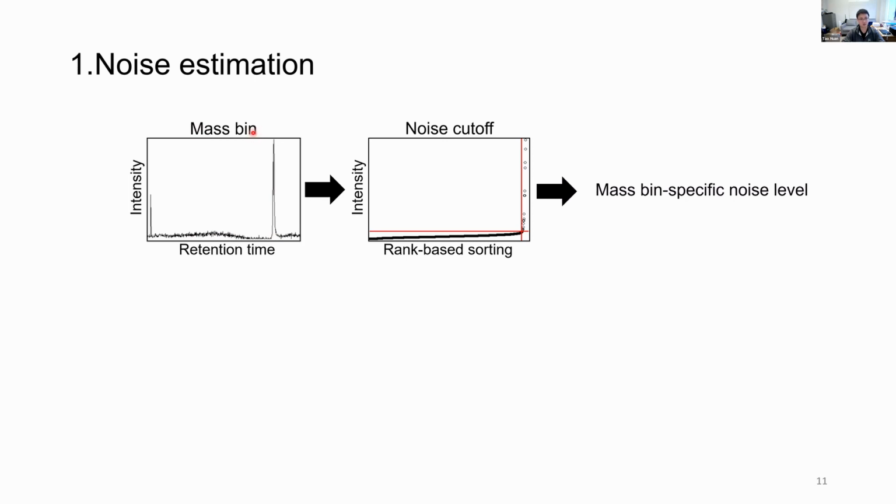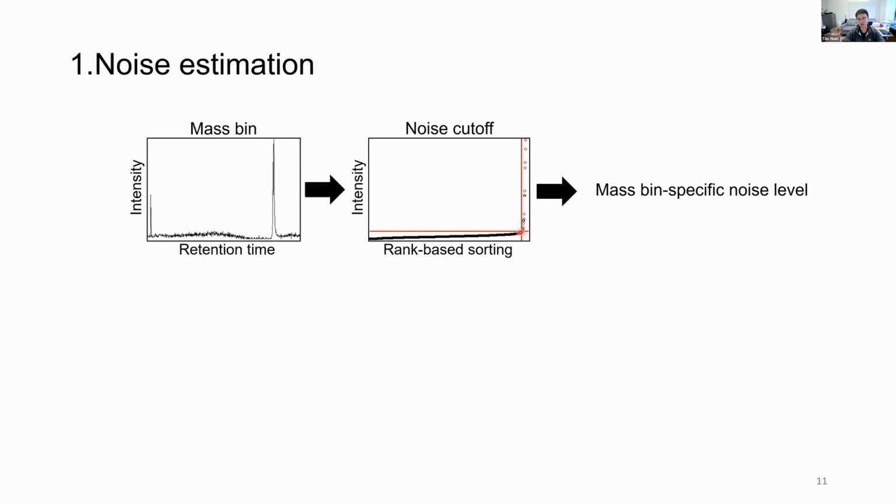A mass bin is the extracted ion chromatogram of a particular m/z value, as shown here, where the x-axis is retention time and the y-axis is intensity. Then you have the signal intensity at each retention time. We resort the intensities by their magnitude from low to high.